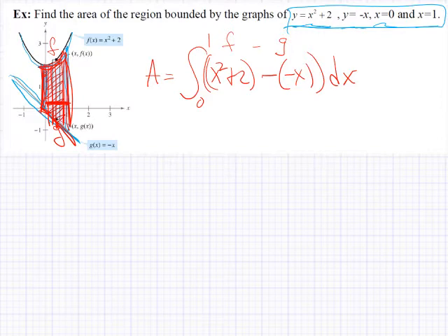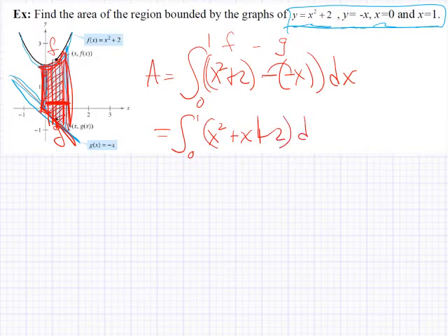And so once you have the integral set up, and that's probably the most important part of this whole thing, learning how to set these up, the actual integration component should be very easy. So we're going to simplify first. We'll have x squared plus x plus 2 dx. So when we integrate, we get x cubed over 3 plus x squared over 2 plus 2x between 0 and 1.